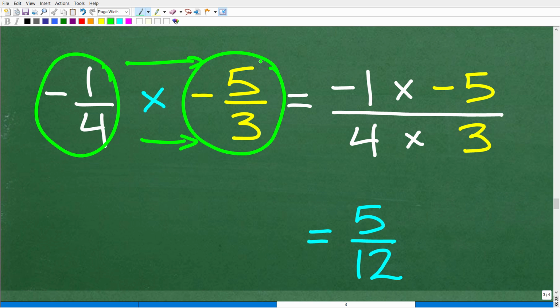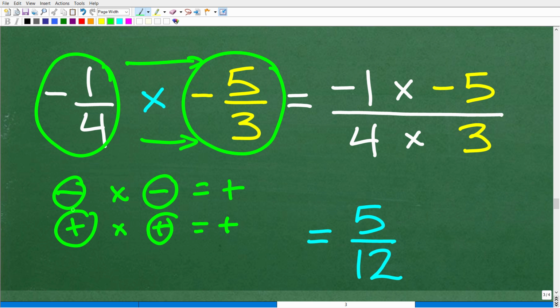When you're multiplying positive and negative numbers, a negative times a negative is positive, or a positive times a positive is positive. When the signs are the same, and you're multiplying or dividing, the answer is positive. If the signs are different, the answer is negative. This is the same rule for division as well. So a negative times a positive is negative. So we know that the answer here is going to be a positive fraction.